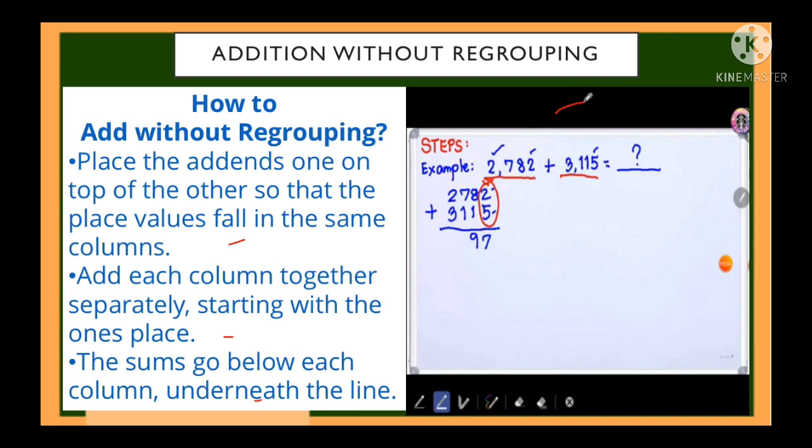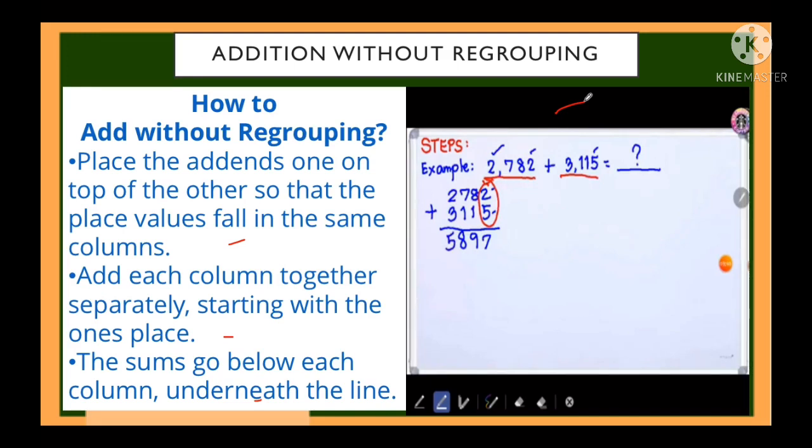In the hundreds place, we have 7 and 1. So what will be their sum? 7 plus 1 is 8. Very good. So then we'll just put here 8. And then for the last two numbers, we have 2 plus 3. 2 plus 3 is? Very good. It is 5.